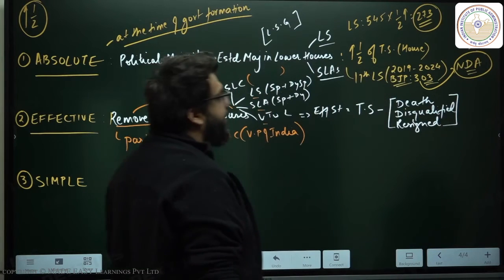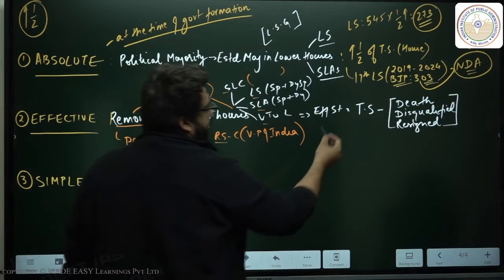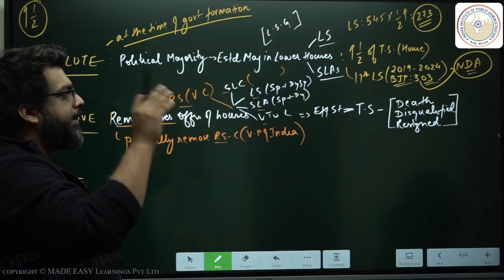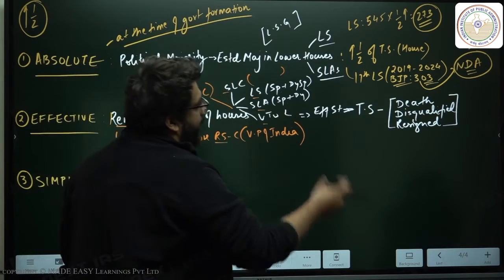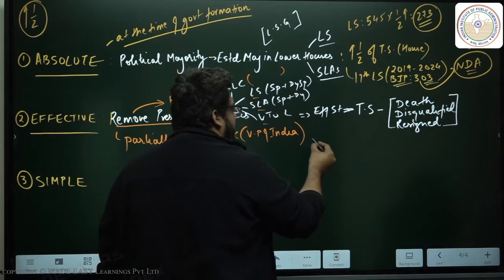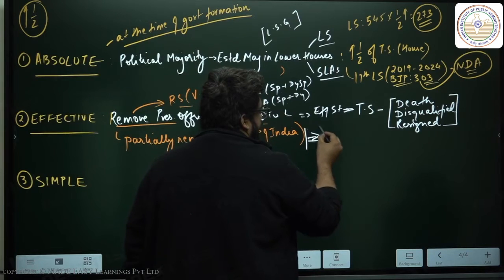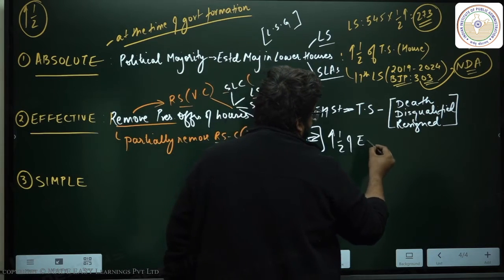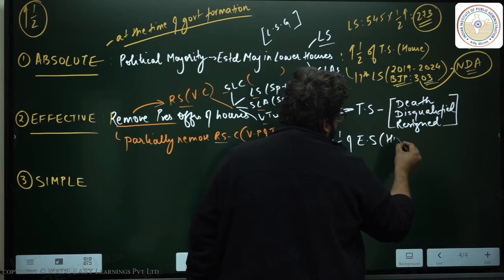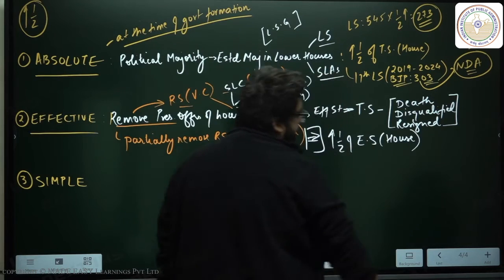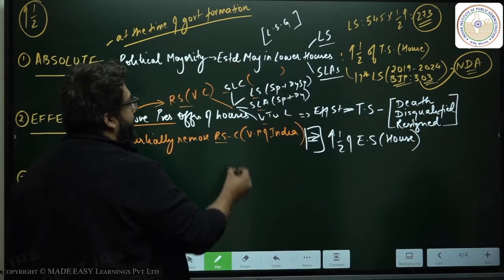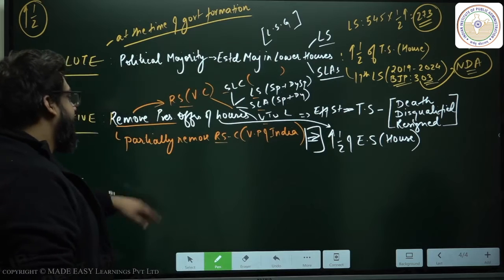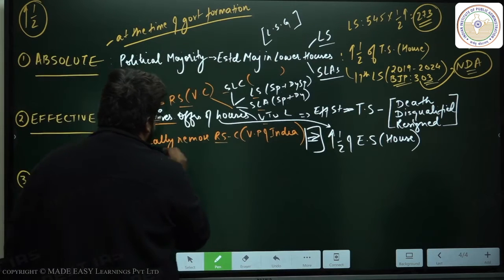So effective strength is nothing but total strength minus number of died, disqualified and resigned MPs, और उस effective strength का more than half of the effective strength of that particular house. That is how you will remove all presiding officers of all houses except the Vice President of India.